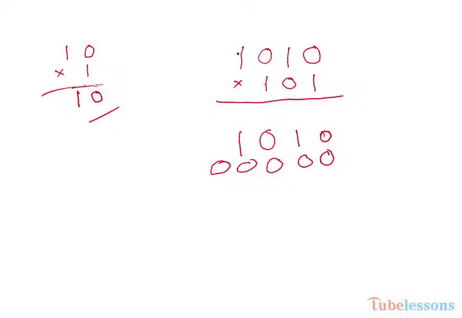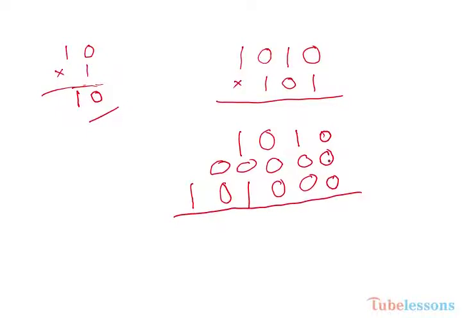Now we will multiply all the digits of the top row by the fourth place digit of the bottom row. So we need to leave two places here. Now 1 times 0 equals 0, 1 times 1 equals 1, 0 times 1 equals 0 and 1 times 1 equals 1.